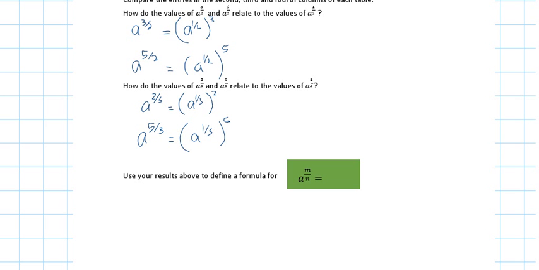So if I have the formula a to the power of m over n, how can I write this as a radical term? So there's two things.